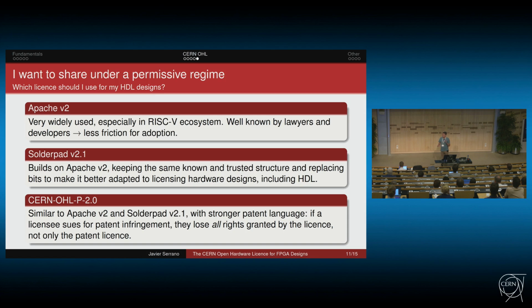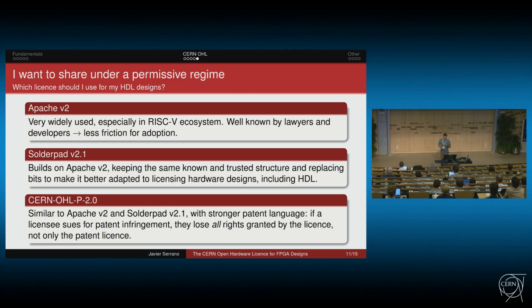As I said, the patent clause in these licenses goes two ways. So I'm the licensor. I give you a reassurance that I will not sue you for patent infringement if you use my code. And then if you sue me, you will lose rights that I'm giving you. Now, the rights that you lose when you sue me in Apache v2 are only the patent rights. Same in SolderPad because it's a copy of Apache v2 with some dictionary.